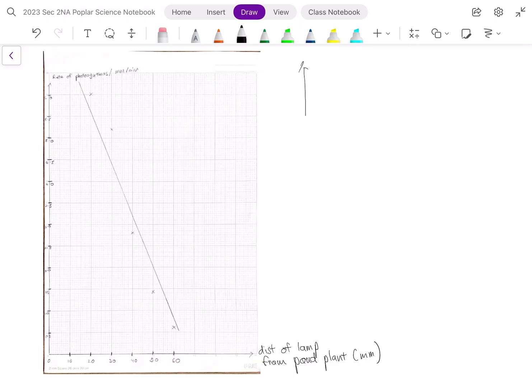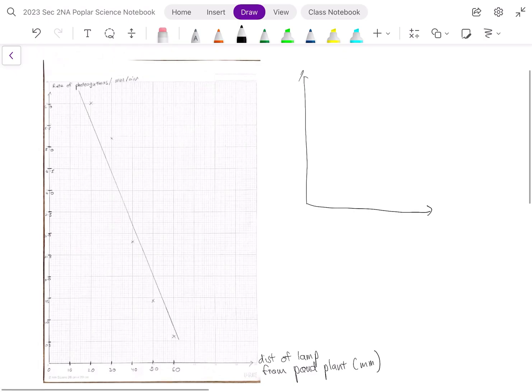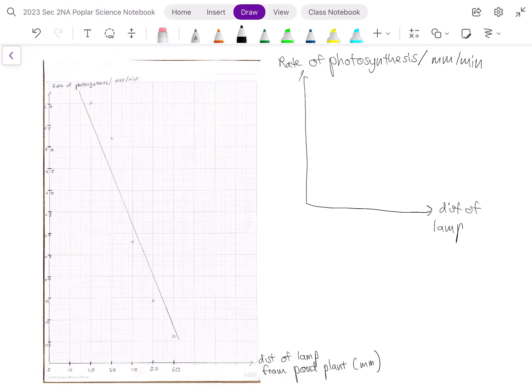Some of you have pretty weird axes, like your rate of photosynthesis. When I marked it, I realized some of you started with the smallest number at the top, the opposite manner.